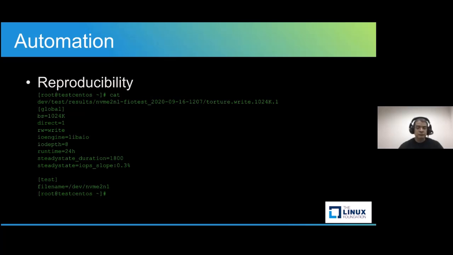It's set up to run up to 24 hours. But if you see that steady state statement, it will stop running the test when the IOPS slope is less than 3% for a period of 1800 seconds. And usually, so far, that has always been before the 24 hour window ended.